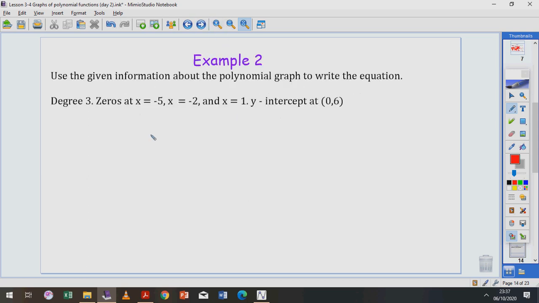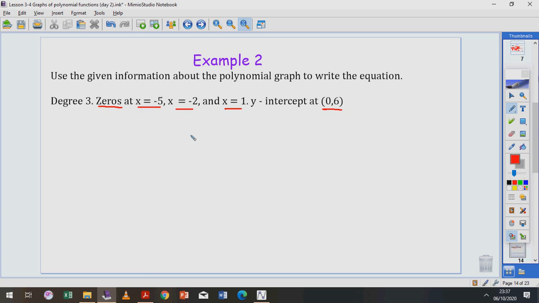So sometimes you're going to be given information about a polynomial, and then you'll be asked to write its equation. So for example, this polynomial has zeros. Remember, zeros mean x-intercepts. At x is equal to 5, x equals -2, and x is equal to 1. And the y-intercept is at x is 0 and y is 6.